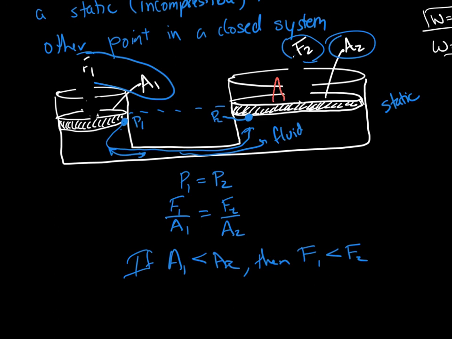Here's my elephant. I love elephants, and I'm doing this elephant a vast disservice. And I could put a mouse over here. Depending on the ratio of these areas, I might be able to lift that elephant with just the weight of a mouse.